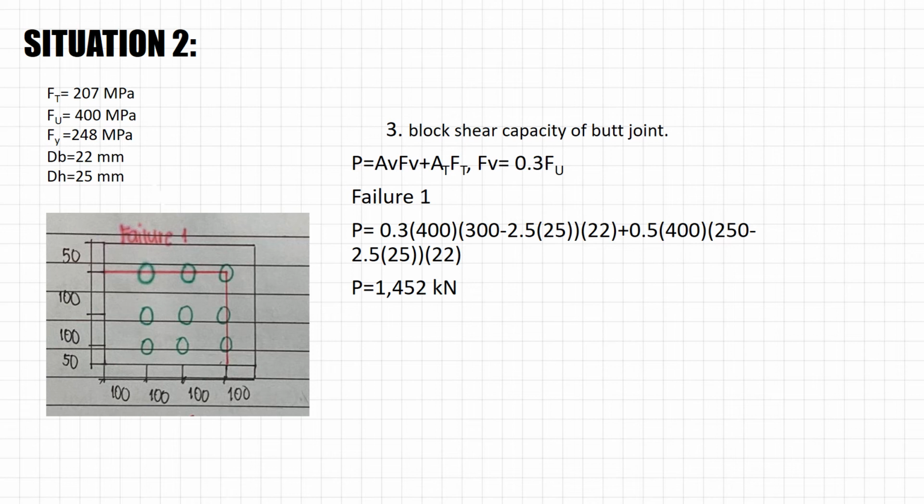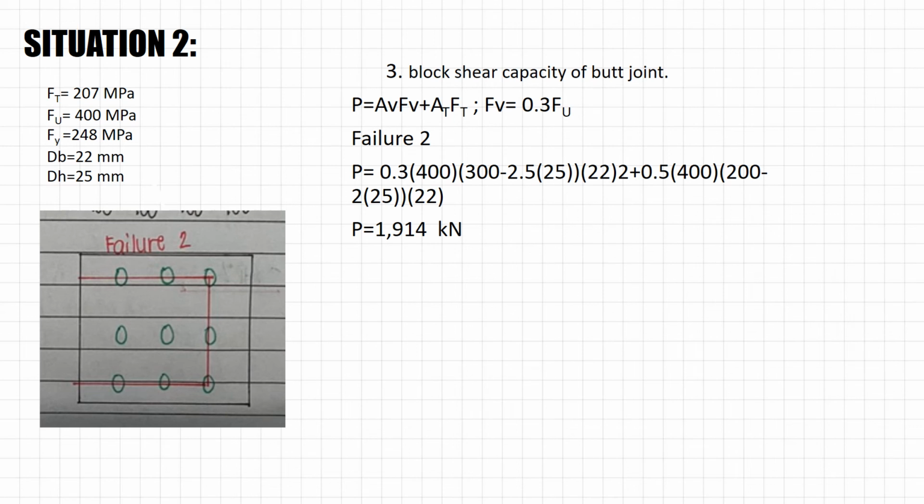Plus 0.5 multiply by 400 multiply by 250. Ganun din sa vertical naman yun na dinaanan ng shear. Minus 2.5 multiply by 25 multiply by 22. So ang P natin dyan equals sa 1,452 kN. So next is failure number 2. So same lang dito na kanina na ibalik dinaanan ng pagkaka-shear.